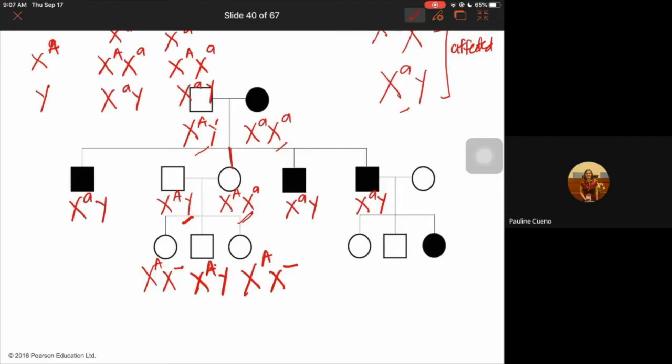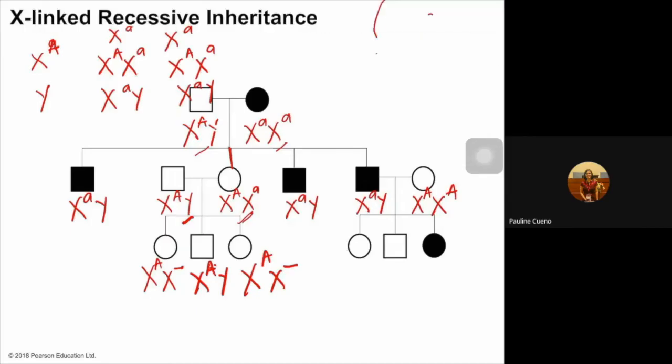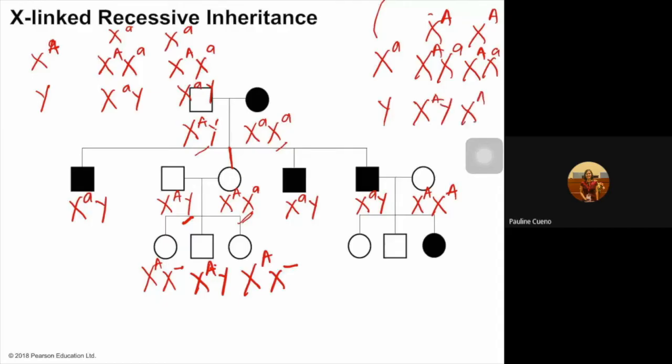If you choose to have a homozygous dominant individual which is unaffected, then if you construct a Punnett square here, X small a Y and X capital A, X capital A, if you will observe, there is no offspring, particularly no female offspring, that is affected. So therefore, it is not possible because it cannot satisfy the description of the pedigree.